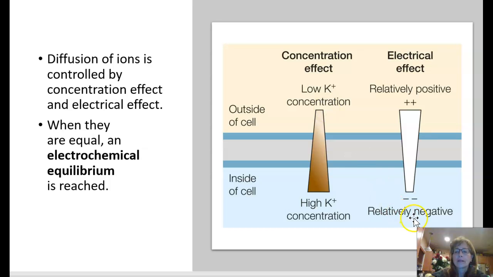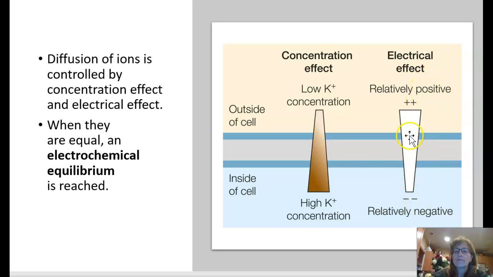However, the other thing that happens is that inside the neuron, we have these negatively charged proteins that are always there. They can't leave. And so they're attracting potassium in some way.